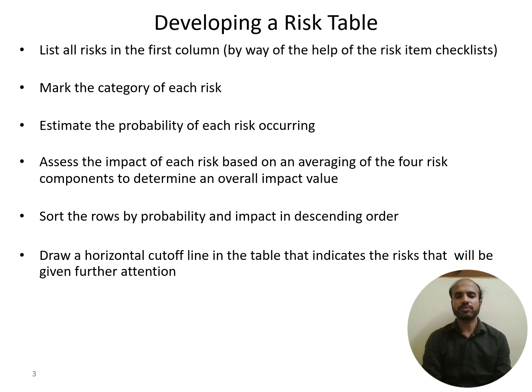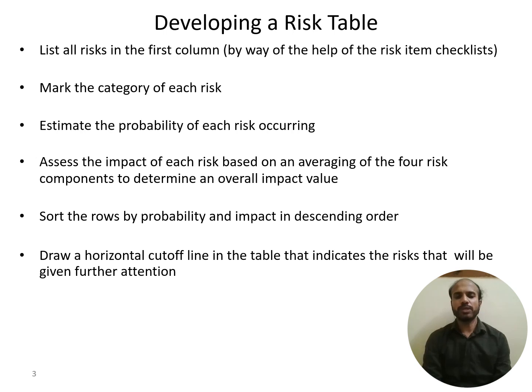What is the percentage of that? After that, you assess the impact of each risk based on an averaging of the four risk components to determine an overall impact value. That is, whether it is catastrophic or negligible or marginal.